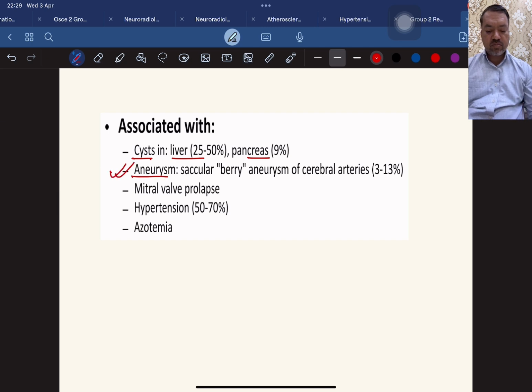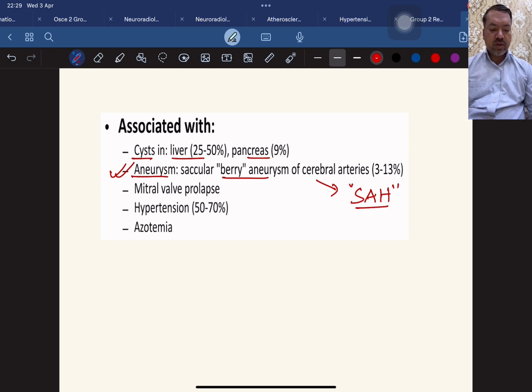This is an extremely important question, and this berry aneurysm may rupture, and you all know when they are ruptured, there will be subarachnoid hemorrhage. And how does the patient present to the hospital? If they are conscious, they say, this is the worst headache of my life. I've never felt this type of headache before.